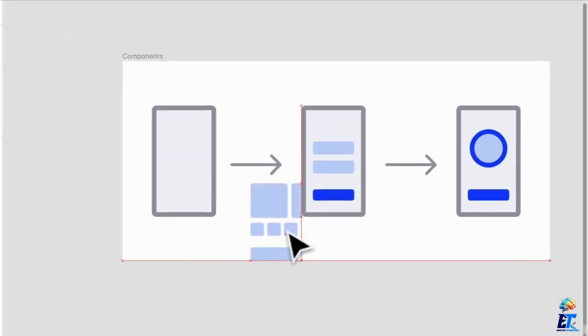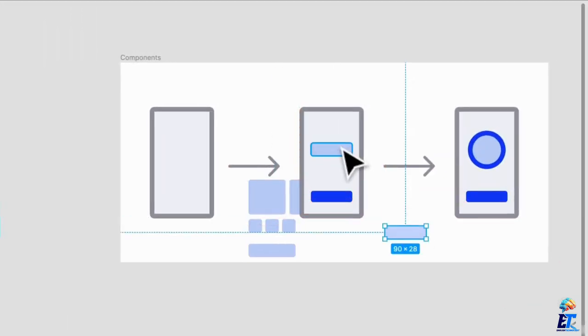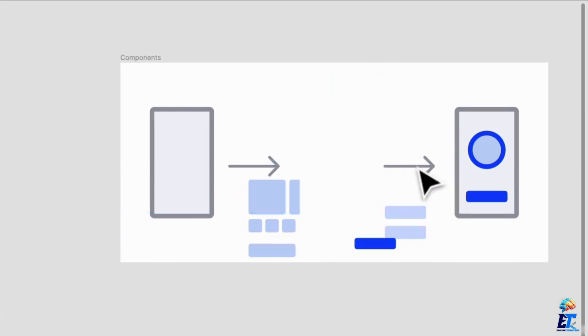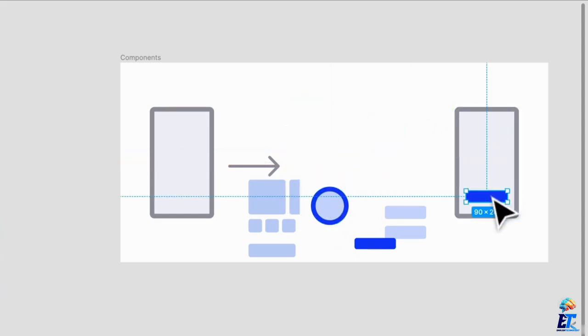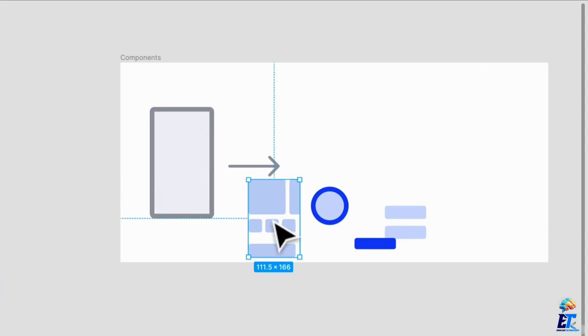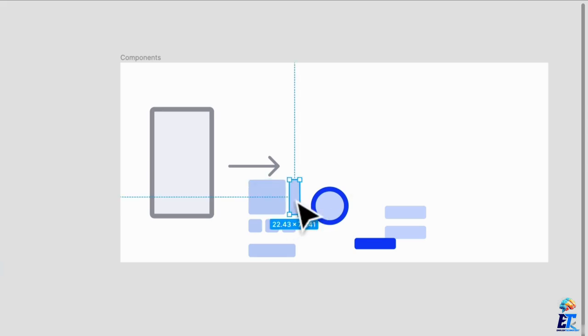Okay, so let's pull some of these out. We can delete that. We can delete that. I'm not sure about all the different types of components I'm going to need, but this is a good starting point. Actually, that's pretty repetitive.